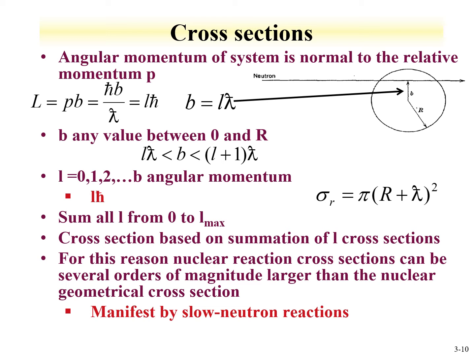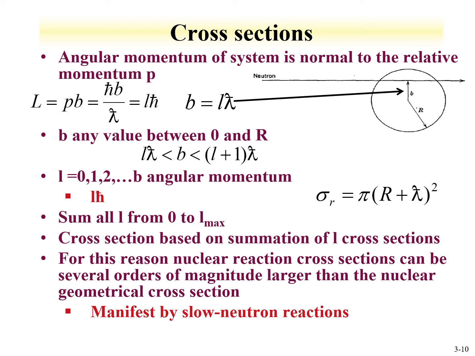Now we can look at this, and the impact parameter can have any value between 0 and R. So the possible ranges are listed here, where the orbital angular momentum ranges from 0 up to its maximum value, and we can now sum all these terms from 0 to the maximum value of the orbital angular momentum.